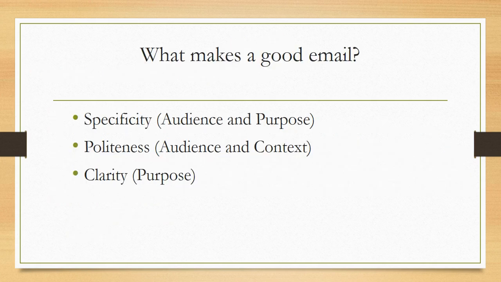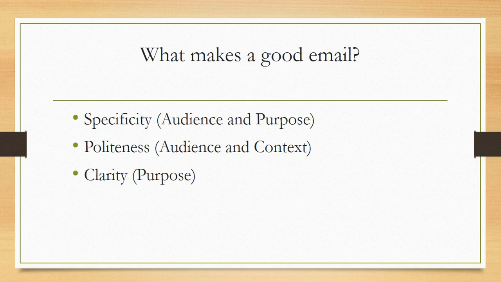So, to wrap up, what makes a good email? Specificity. So here we're talking about audience and purpose. We're writing to a very particular audience, and we have a very clearly defined purpose. Politeness. Again, the most important thing is audience.